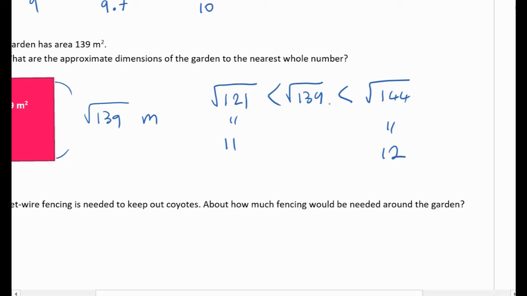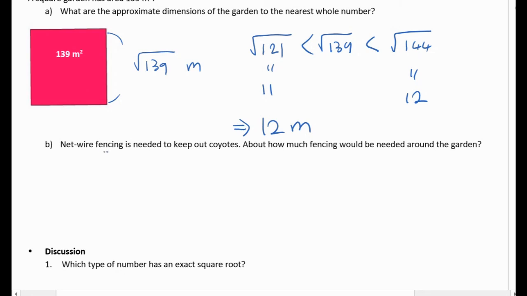Okay, so is 139 closer to 12 or closer to 11? If you subtract 144 minus 139, that's only 5. And 139 minus 121, that's 18. So 139 is closer to square root of 144, which is 12. So we say the answer is 12.